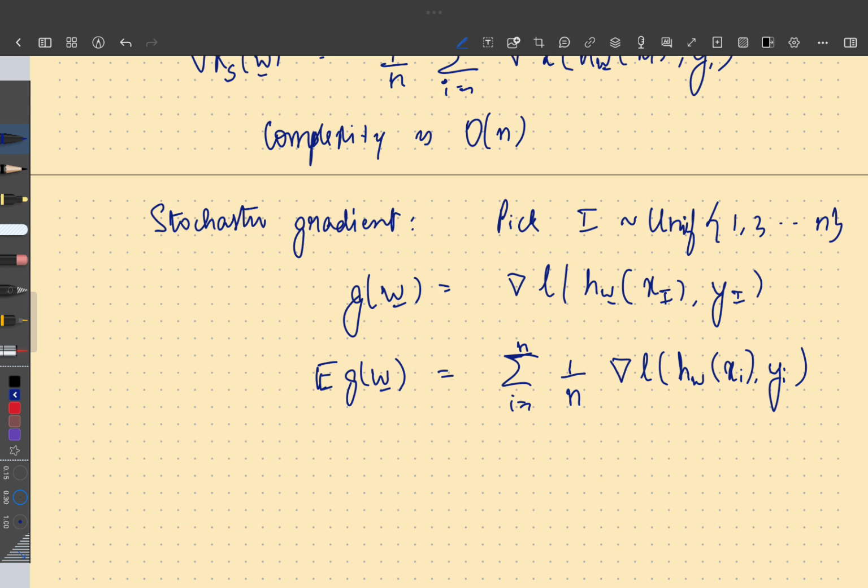Therefore, this is a valid stochastic gradient. In this case, the complexity is essentially just order 1, because you just need to compute one gradient. It's a little more subtle because you still need to be able to pick an I uniformly at random, but that process is a lot simpler and computationally less intensive than computing n gradients.